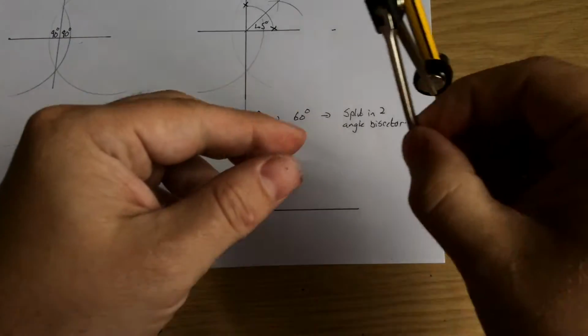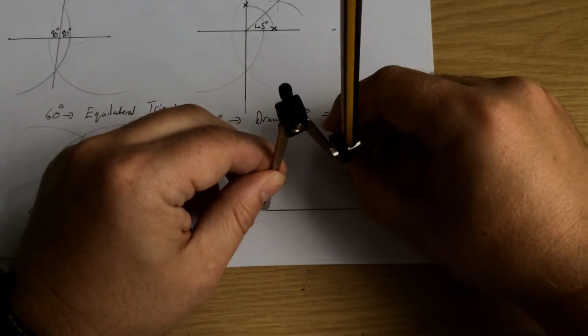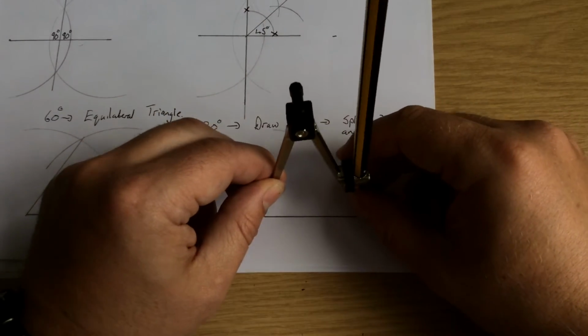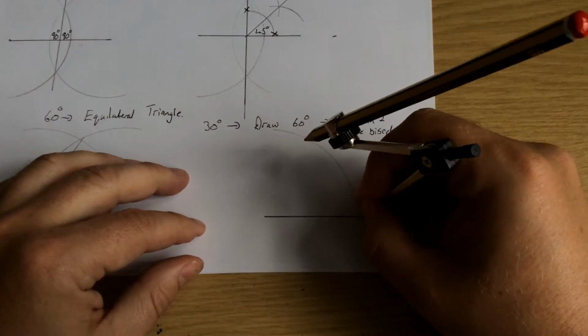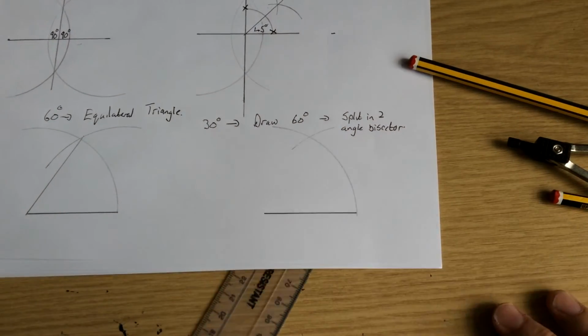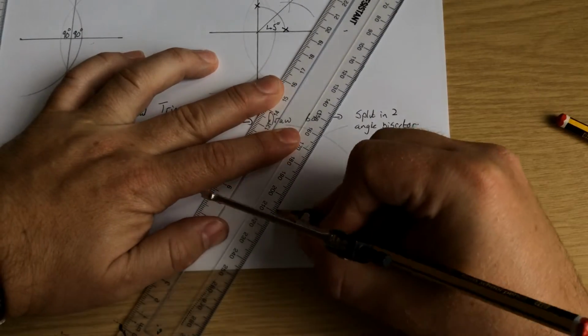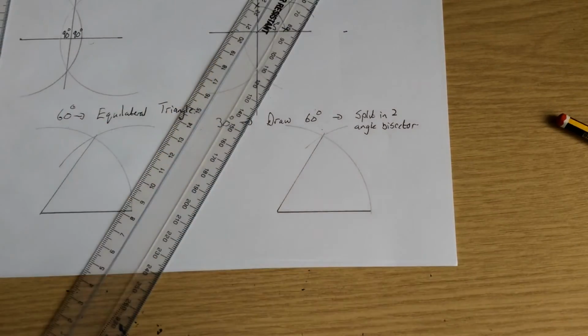I'm going to then open my compass up so it's the full 5 centimeters. I'm going to draw an arc, turn my compass round and do exactly the same, and then I'm going to join them up. My point from where I started goes up to where the two arcs meet. And that makes 60 degrees.